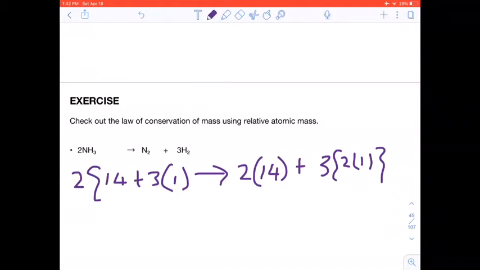So we got 2 and 17, which gives us 34, and here we got 28 plus 6, and that also gives us 34. So the law of conservation applies.